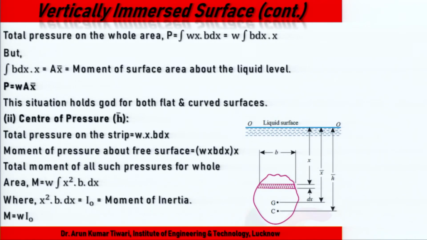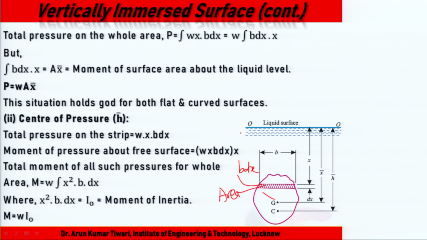What is B dx into x? B dx is the area of the strip, so area into x becomes a moment with respect to OO, known as the first area moment.